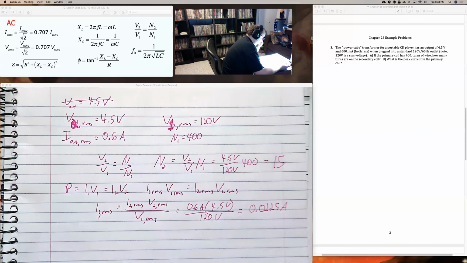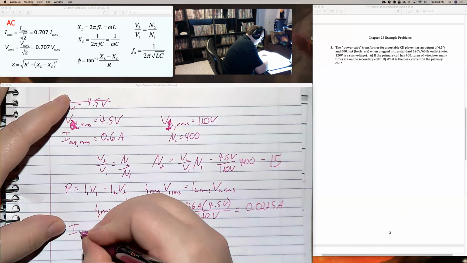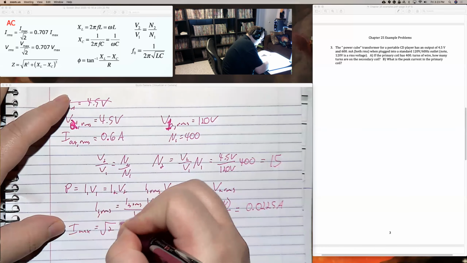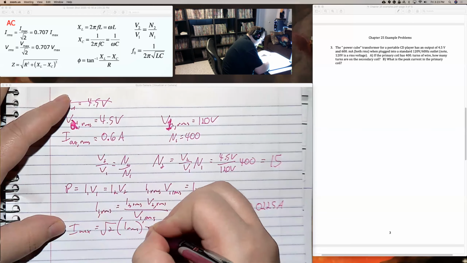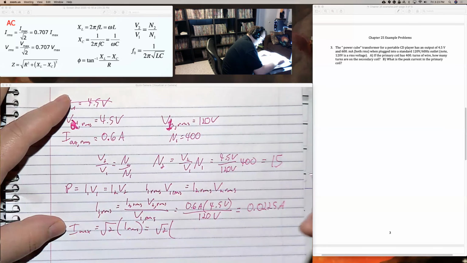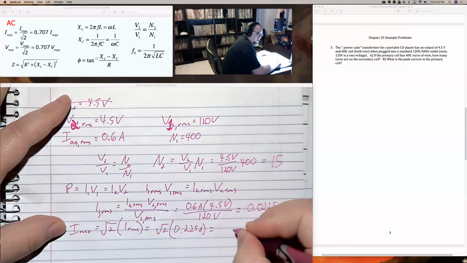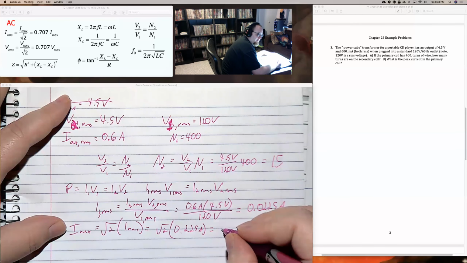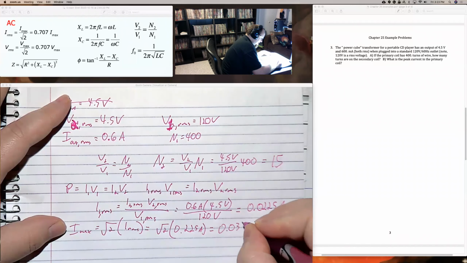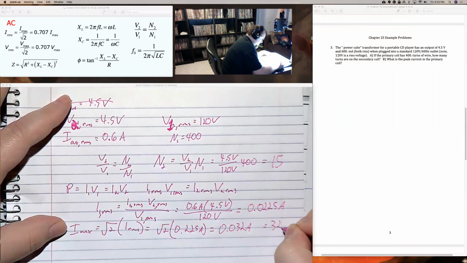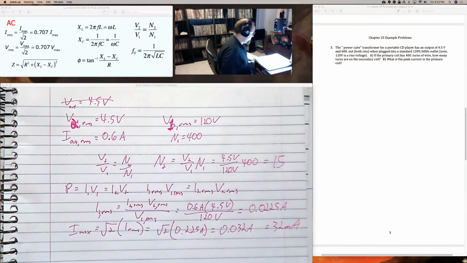And that would be the RMS current through the primary. Thing is, I didn't ask for that. I asked for the max, but I max equals the square root of 2 times I RMS. And so it's just the square root of 2 times 0.0225 amps, or 0.032 amps, or 32 milliamps.